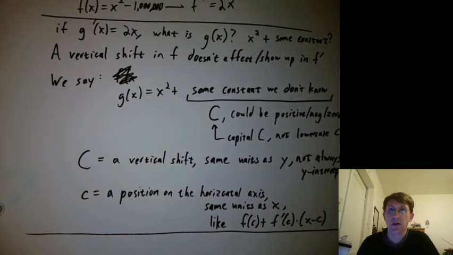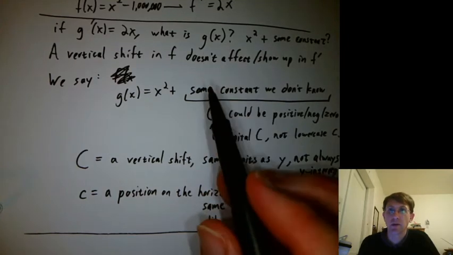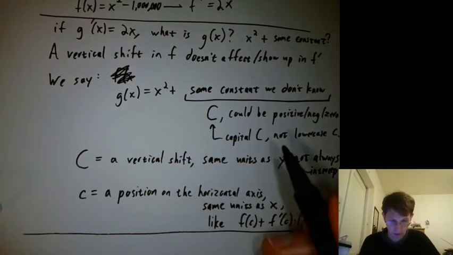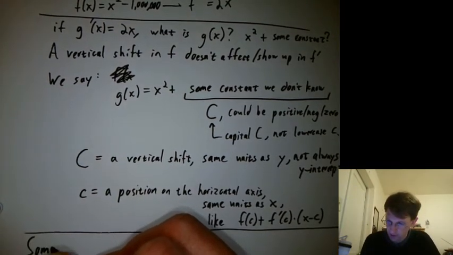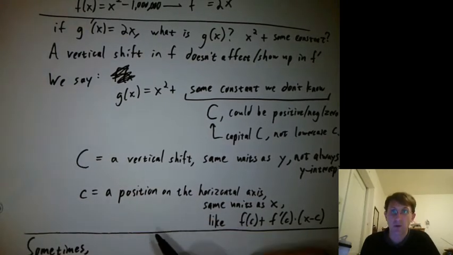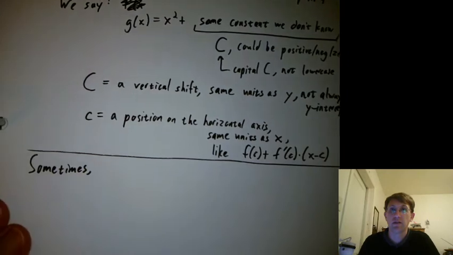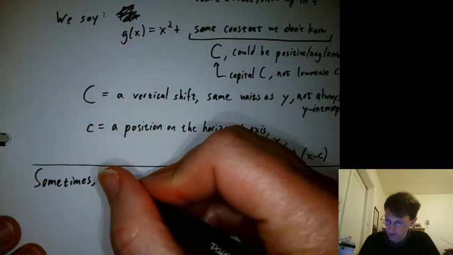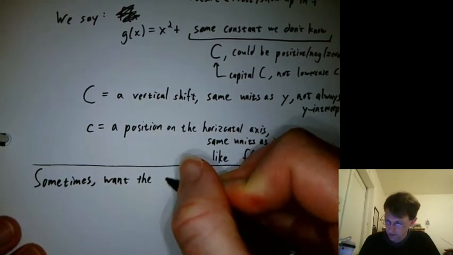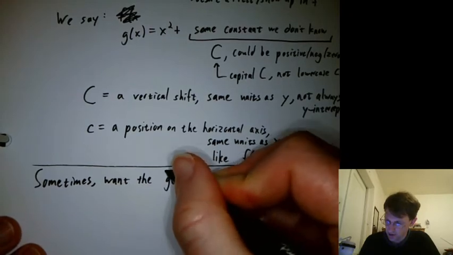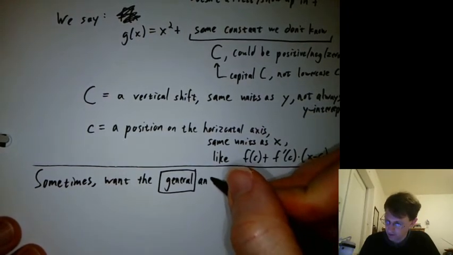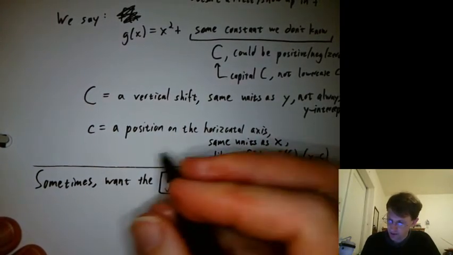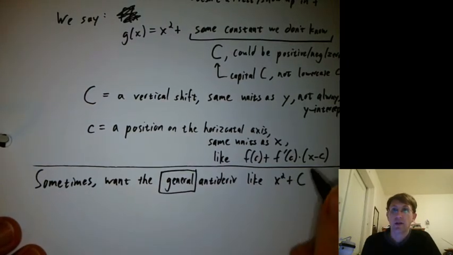So we have separate notation for, sometimes we want to have this vertical shift we can kind of adjust, sometimes we don't. So sometimes we want the general antiderivative, an antiderivative that represents all possible antiderivative formulas, like x squared plus C. But sometimes we don't want that kind of ambiguity.